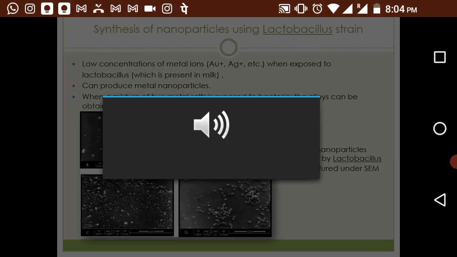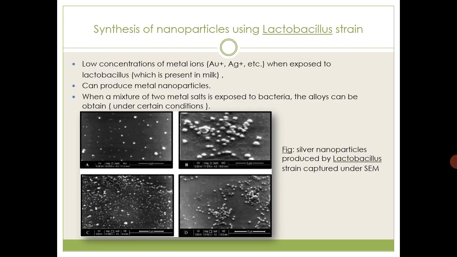Remember the previous one, the Pseudomonas strain is exposed to a high concentration of silver, and in the Lactobacillus case the concentration of the metal ions, the silver, is present at a low level, so they can produce the metal nanoparticles, especially the silver nanoparticles.